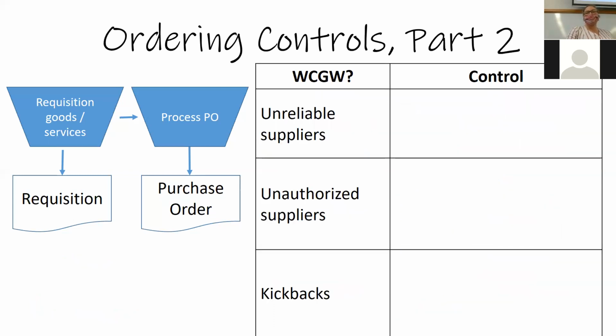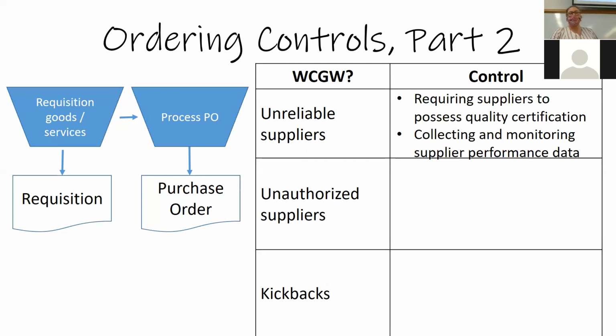All right, so we've already talked about what could go wrong when you pay too much or when you get crappy goods. Another risk that relates to having too much or too little inventory is the risk of unreliable suppliers.